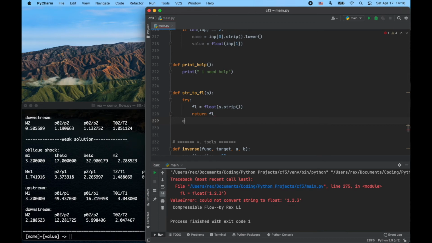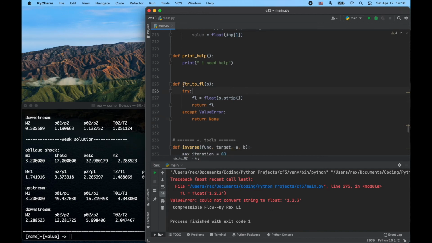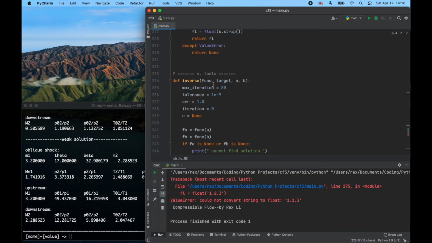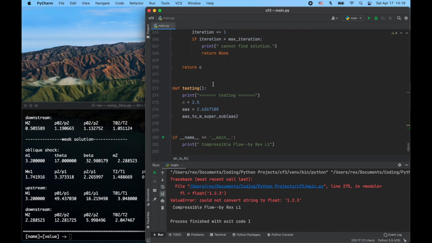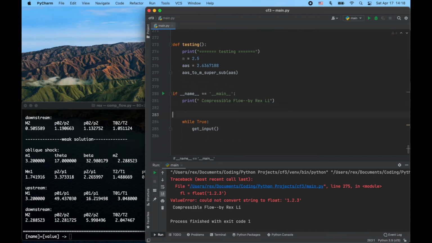Now, for the same case, if we tried it here, if the string is 1.3.2, the program will not crash. It simply returns a None value, right?